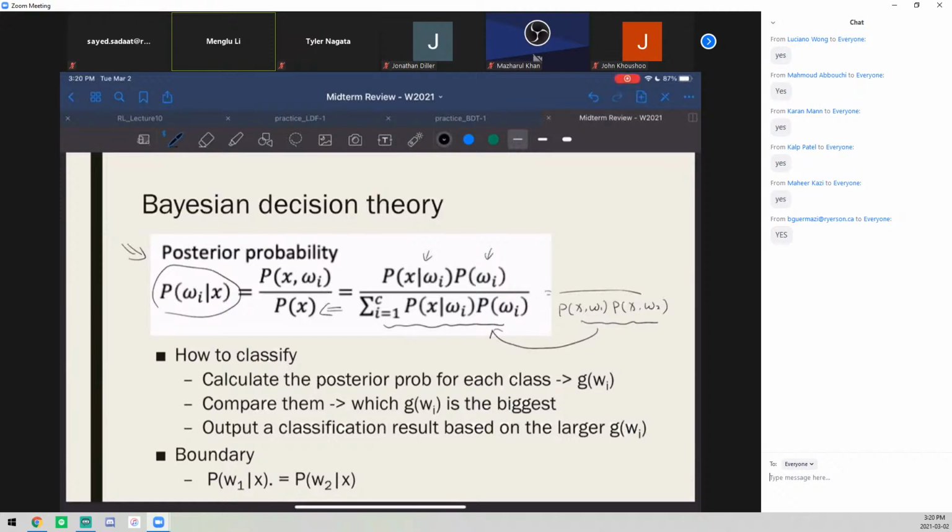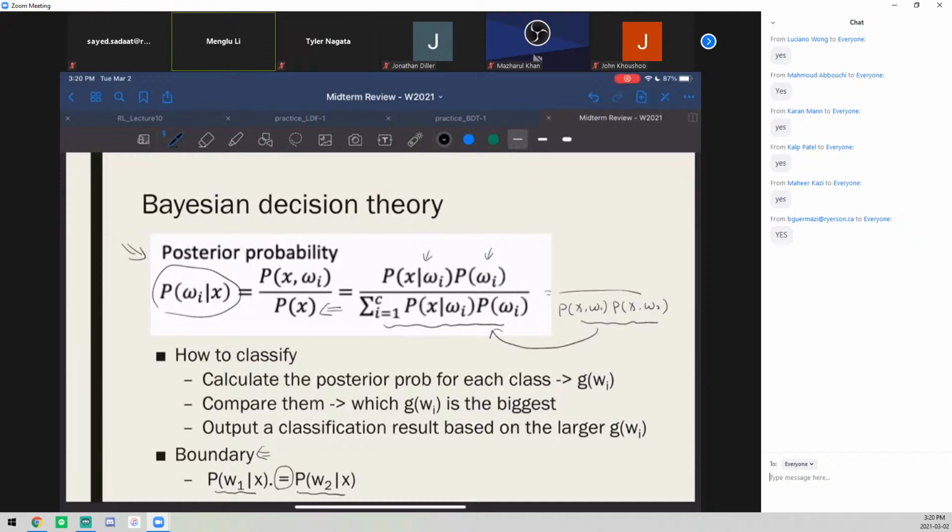If we need to set a boundary between class 1 and class 2, the boundary value should make the posterior probability of class 1 equal to the posterior probability of class 2. So if we want to set a boundary, these two parts should be equal.